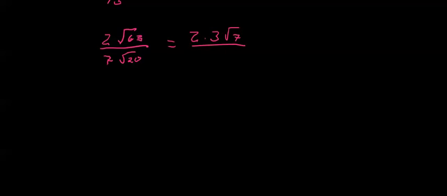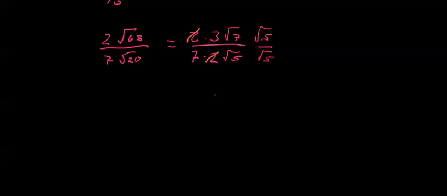20 is 4 times 5. Square root of 4 is 2 radical 5. The 2's will cancel. Might as well do it now instead of doing it later. And then we multiply by radical 5 over radical 5.